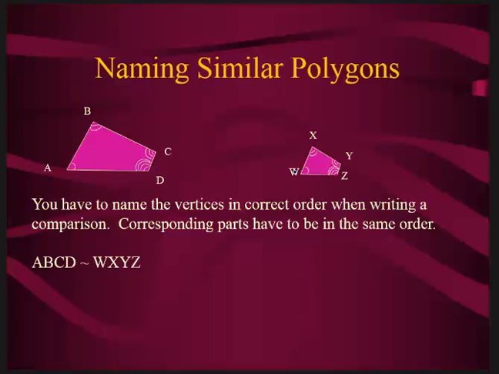I have to start at W and go around clockwise just like I did on A, B, C, and D. The corresponding parts have to be in the same order. I should be able to look at these names and know that A corresponds with W, that they're in the same position on that figure. B corresponds with X, C corresponds with Y, and D corresponds with Z without having the picture in front of me. I should know that they are in the same position.